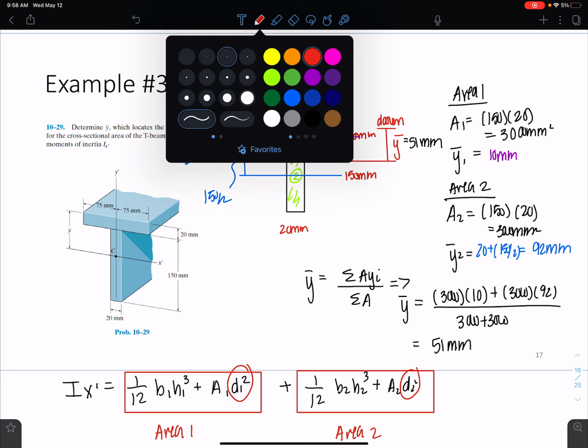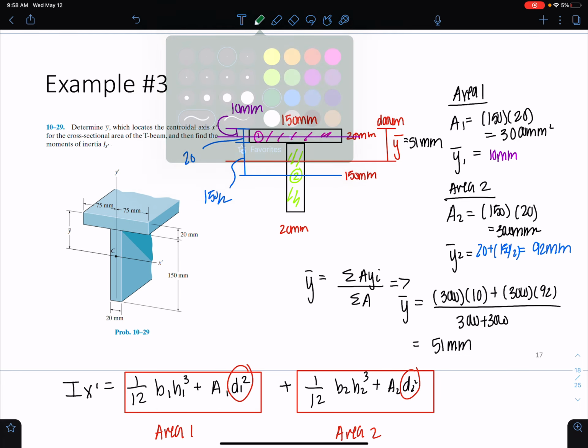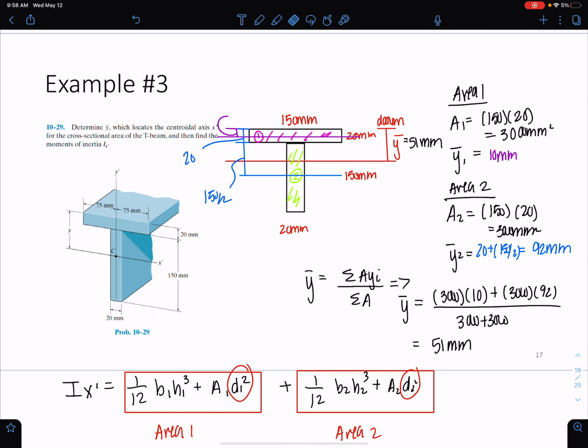So what is the distance d1? I'm going to erase some information here. Okay, so what is d1? d1 is the distance from the center of area 1 to the centroid of the whole shape. This is what I'm looking for.